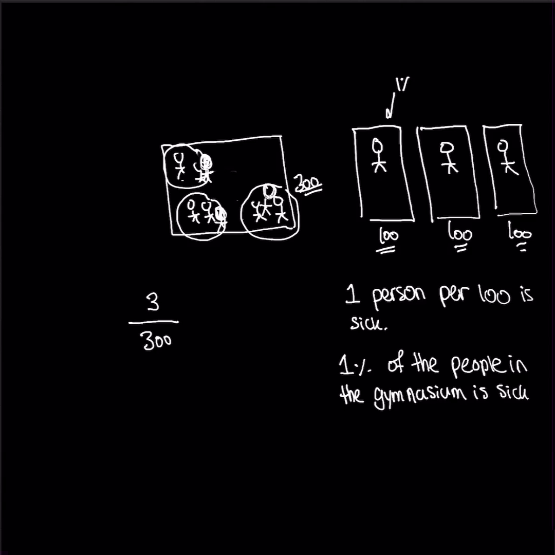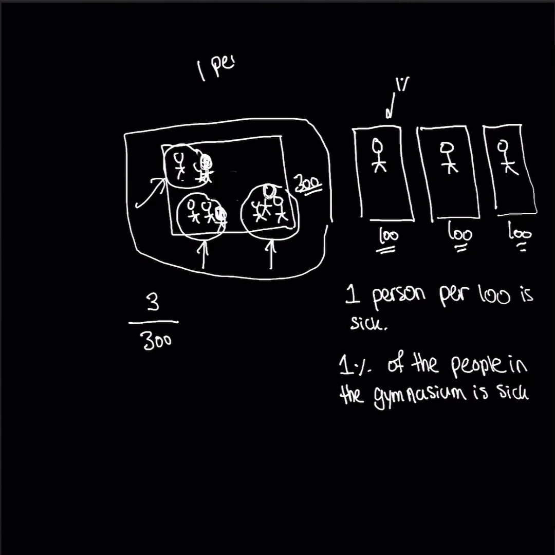It's still 1 per 100 people that are sick in each one of these groups. So in total, we can say for this whole thing that 1 person per 100 is sick, or 1% are sick.